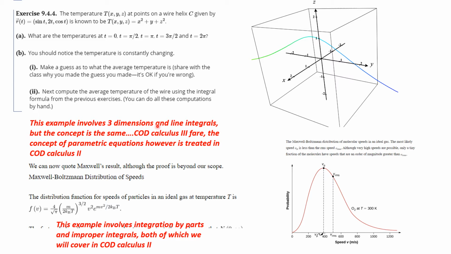Now, this example does involve three dimensions and line integrals, but the averaging concept is the same. The three dimensions and line integrals are COD Calculus 3 fare, but the concept of parametric equations, which is the whole idea of bringing this t in, will be discussed in COD Calculus 2. So this is a forward-looking example, but it is an example of using the concept that we're talking about here.